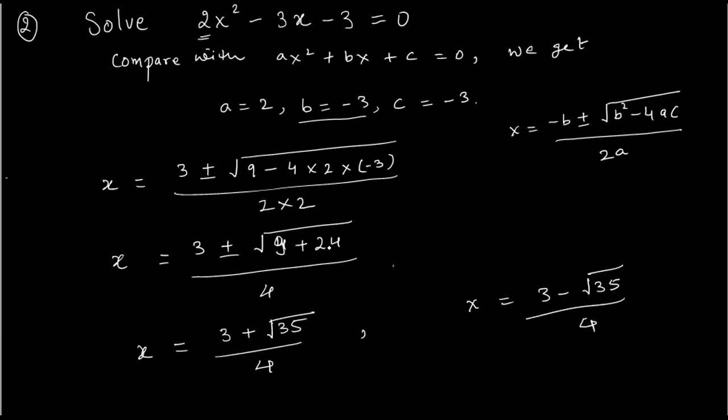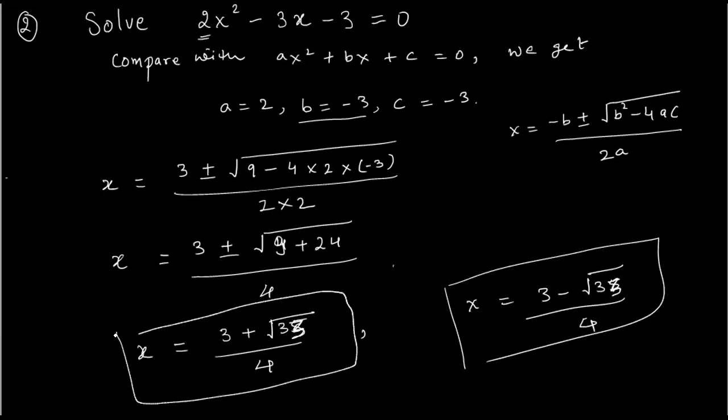Excuse me, this is not 34, this is 33. So our roots are basically (3 + √33)/4 and (3 - √33)/4. By using this simple formula, we are able to find the roots of this quadratic equation.